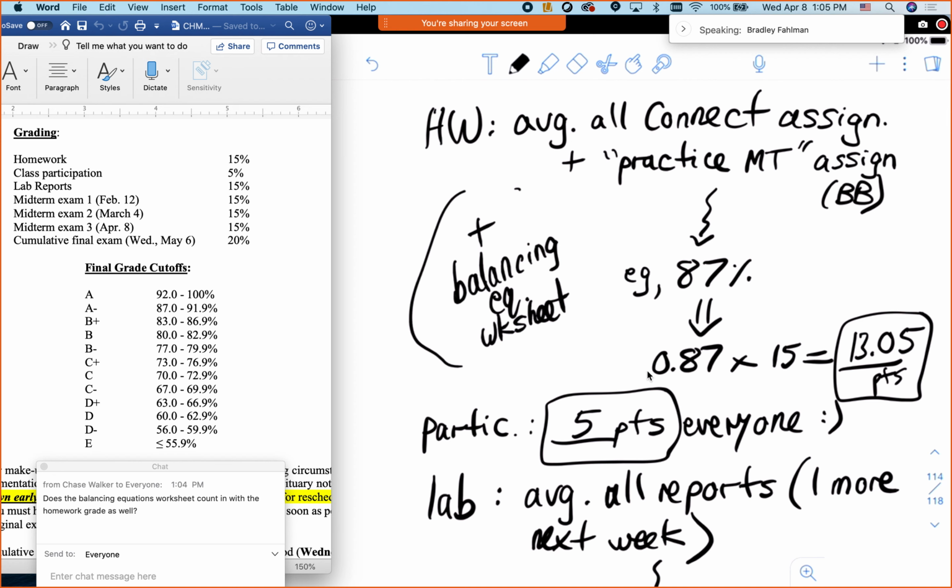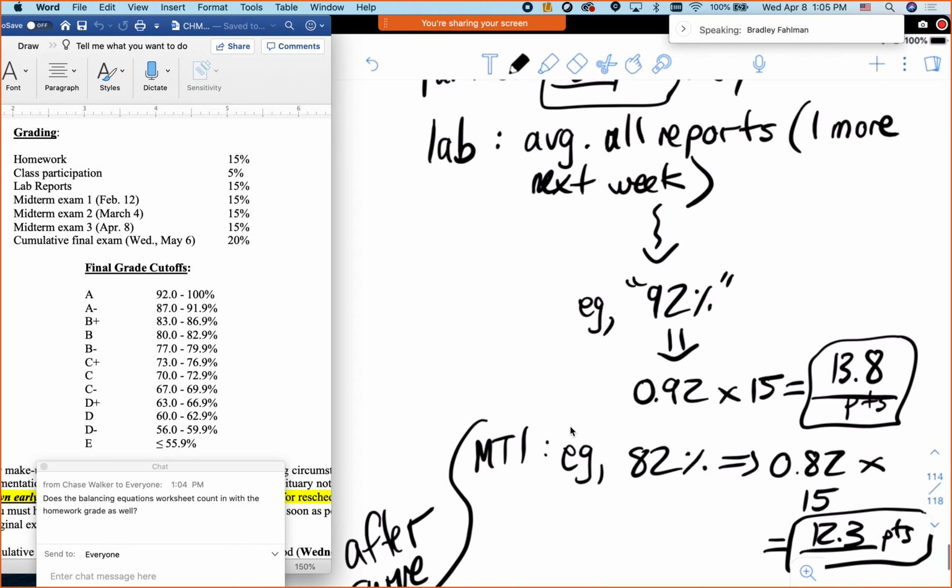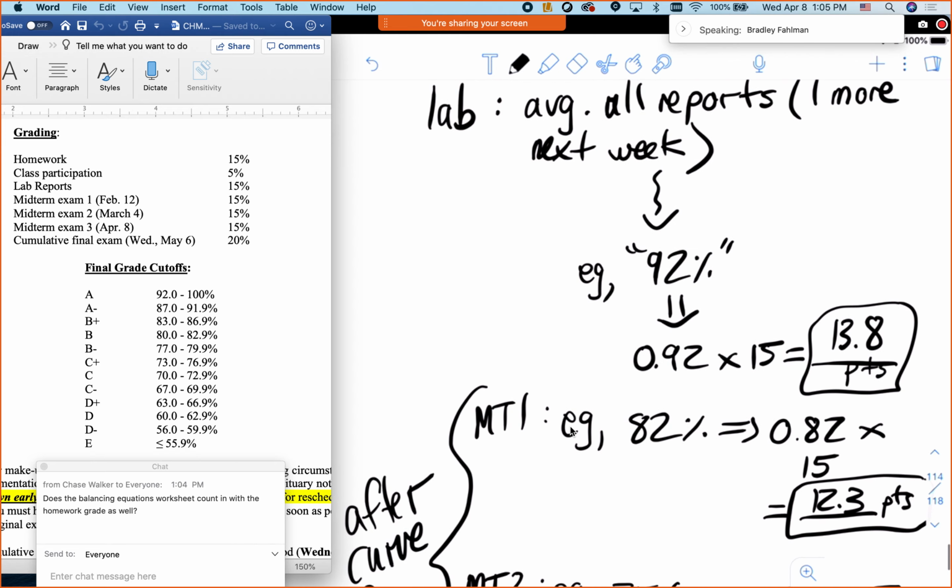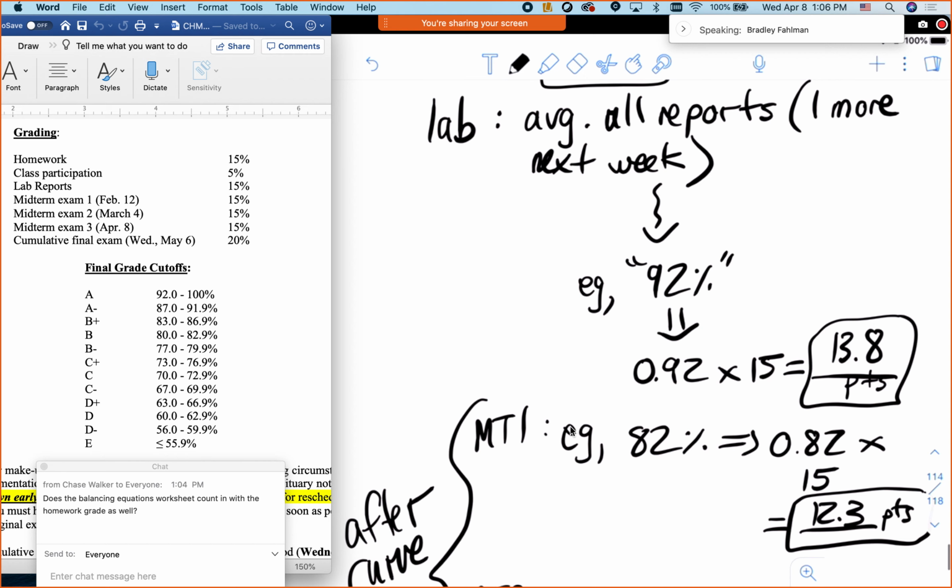So all that together, and then you'll get so many points for homework, and then everyone will get 5 points for participation. You can just add that in, and then your lab reports. We only did two or three or something like that. I'm looking for one more related to energy, which is the topic of the next chapter.